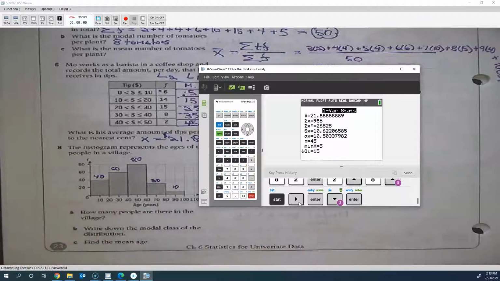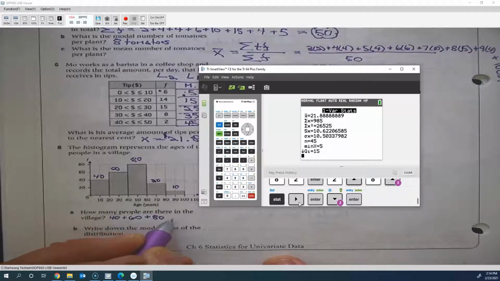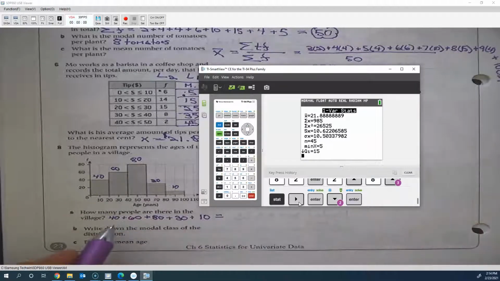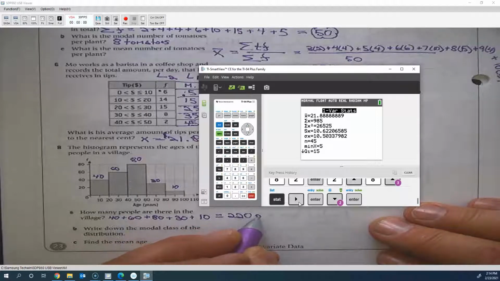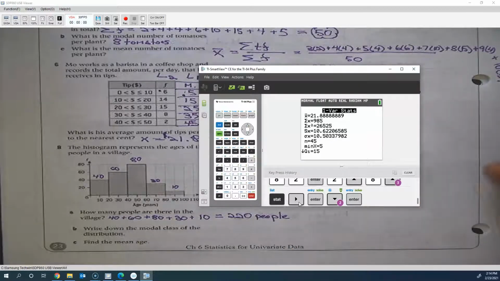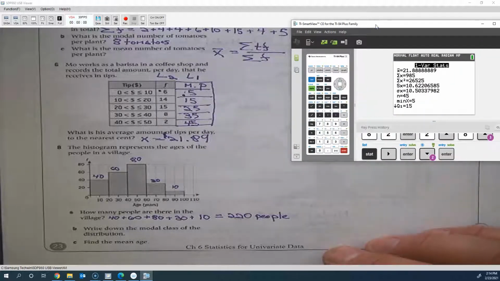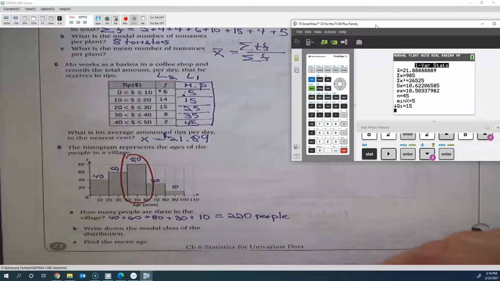And that looks 10. Okay, so we got 220 people there. Okay, the modal class is 40 to 60.